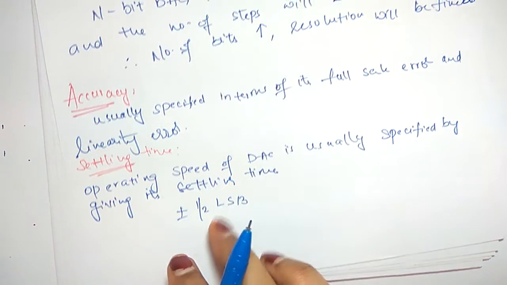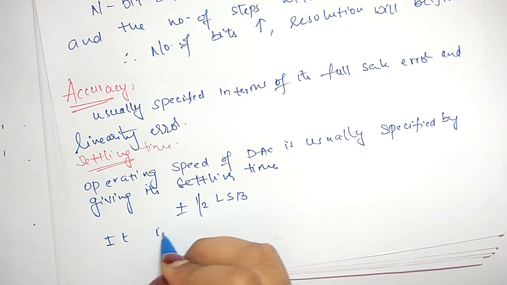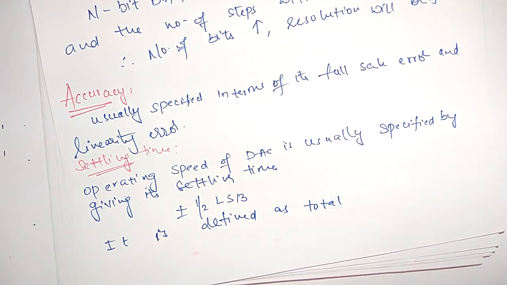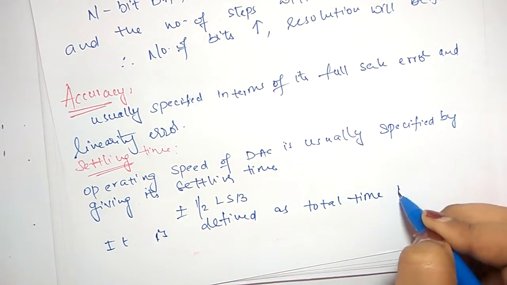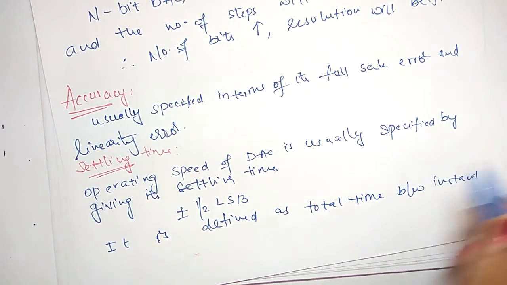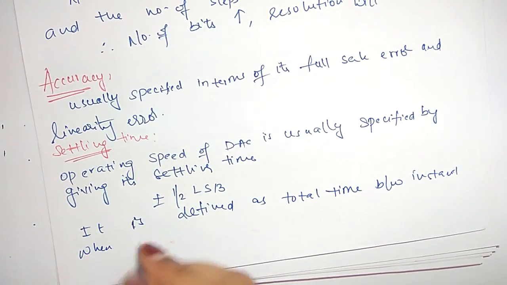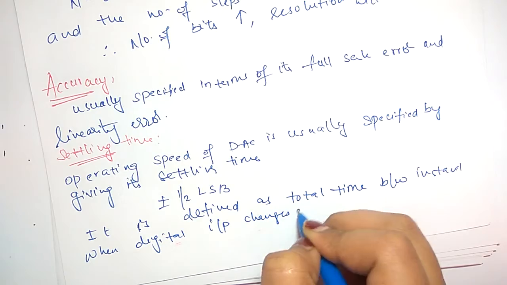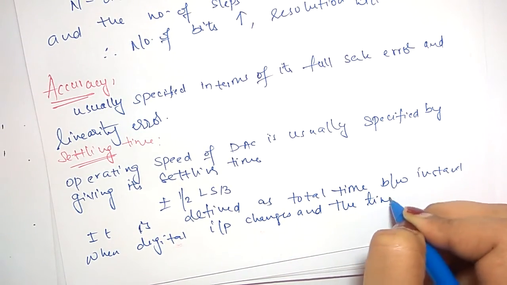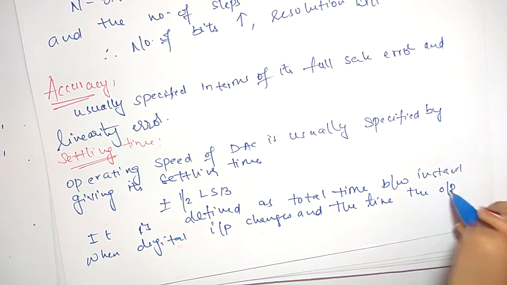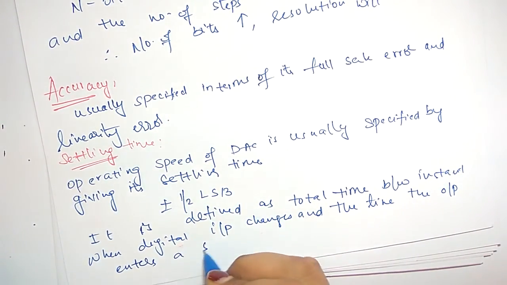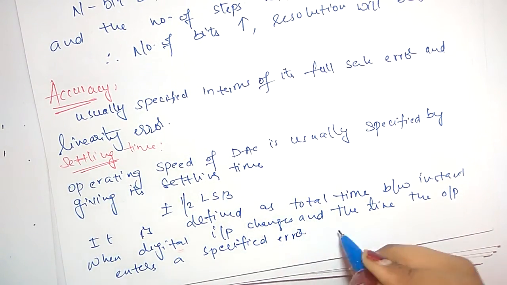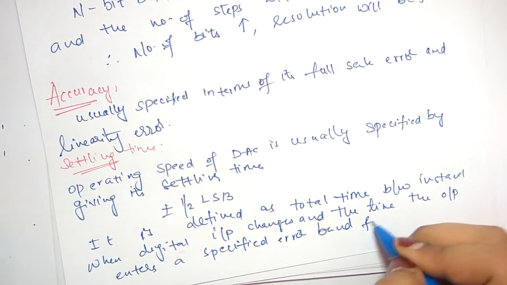So generally, it is the total time between the instant when the digital input changes and the time the output enters a specified error band for the last time.